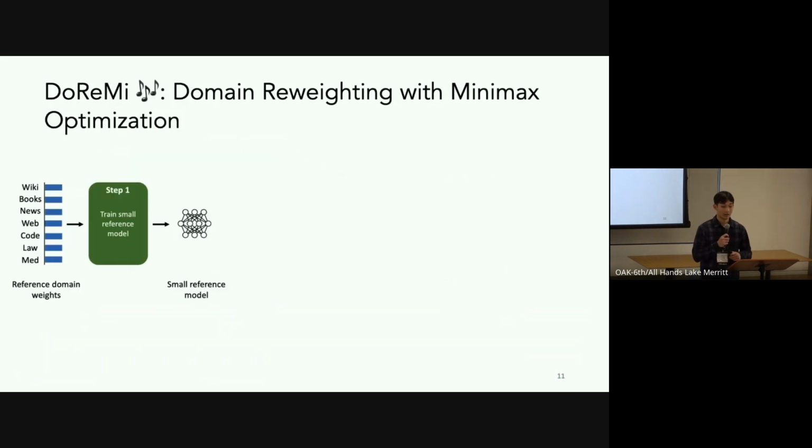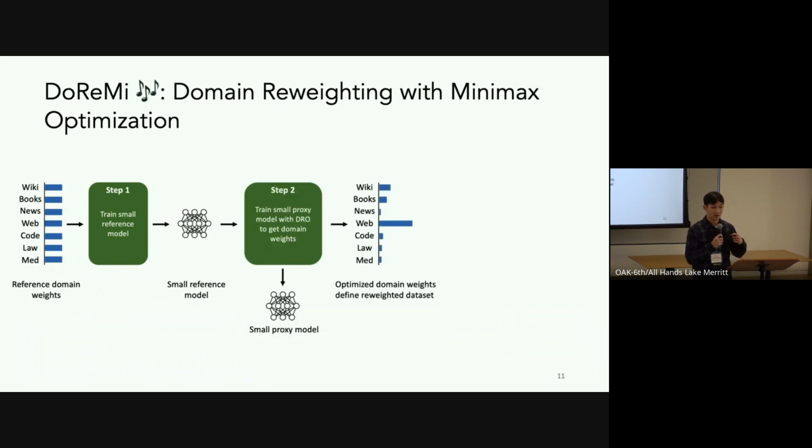If you put all of these ingredients together, we get the algorithm called Doremi, domain reweighting with minimax optimization. In the first step, we take in some reference domain weights. It's just something to start off with. It could be uniform domain weights, or it could be the natural weights that come from the sizes of each domain. You use this in the first step to train a small reference model.